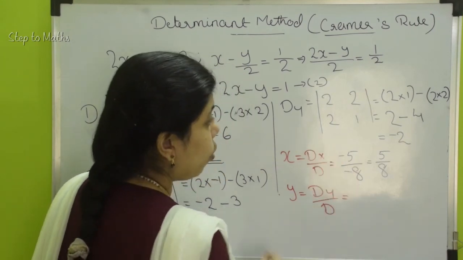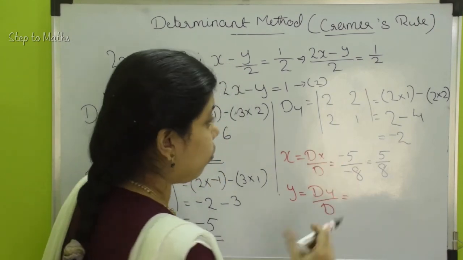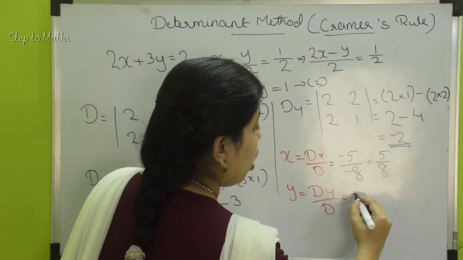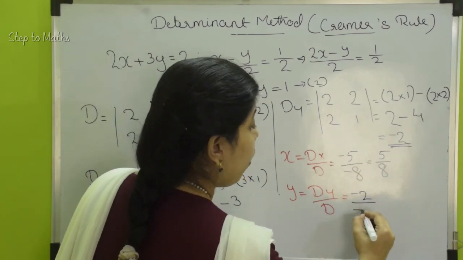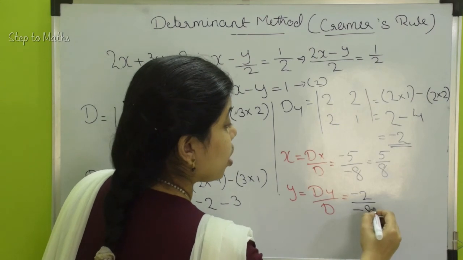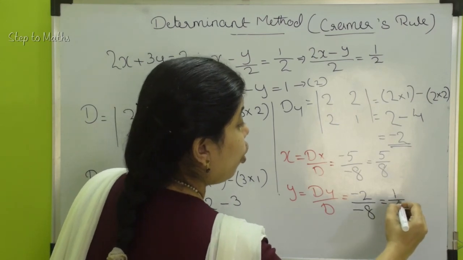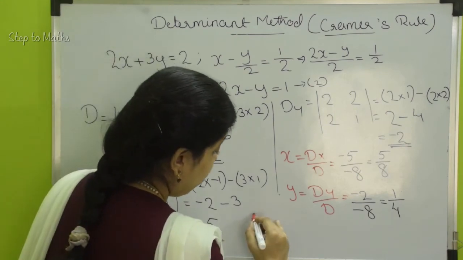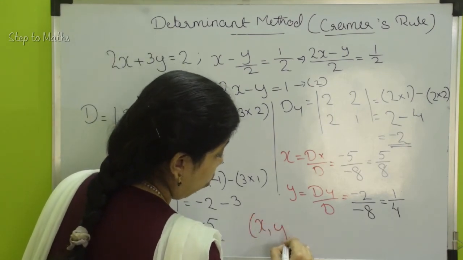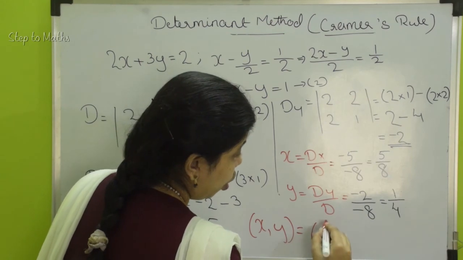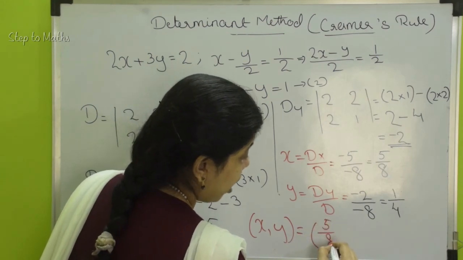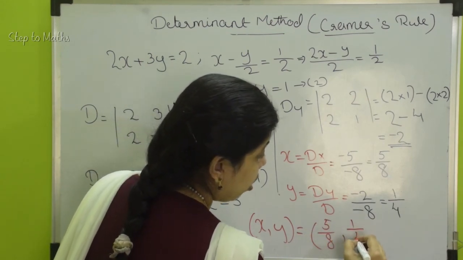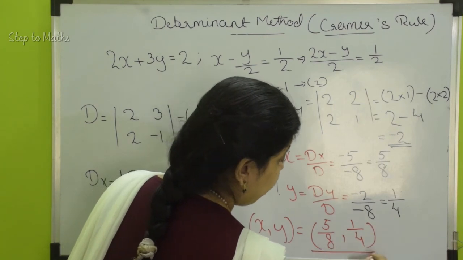What is the value of dy? dy is equal to minus 2. Minus 2 upon d, which is minus 8, is 1 upon 4. Therefore, the values of variables x, y are 5 upon 8, 1 upon 4.